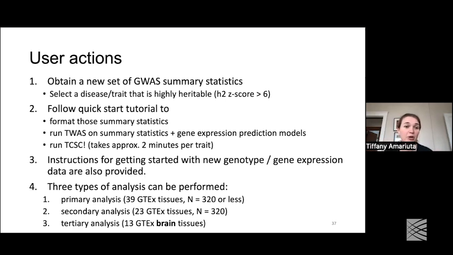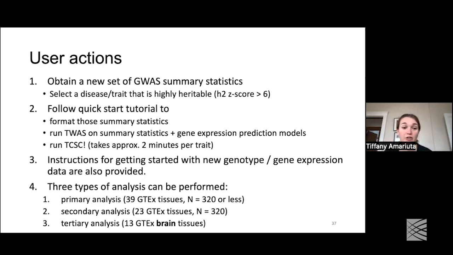Next on the repo, we have a quick start tutorial. It advises how to format those summary statistics, how to run TWAS on those summary statistics using the already computed gene expression prediction models. And then lastly, running the TCSC regression, which is very fast and only takes approximately 2 minutes per trait and can be parallelized across traits if you're running multiple traits.